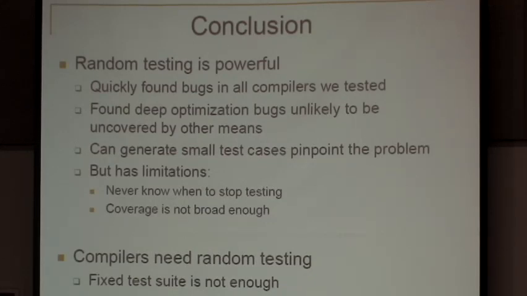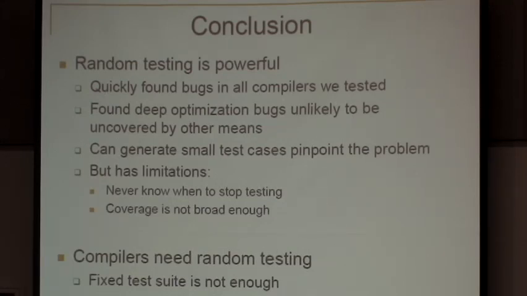It doesn't know when to stop. So there's no such thing as exhaustive random testing. Also, the code coverage, as I have shown you, is not broad enough. So we have to figure out why.